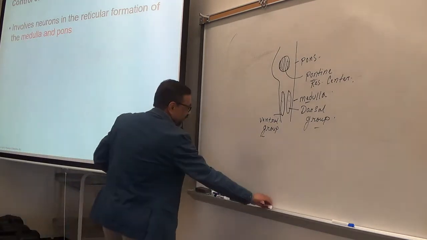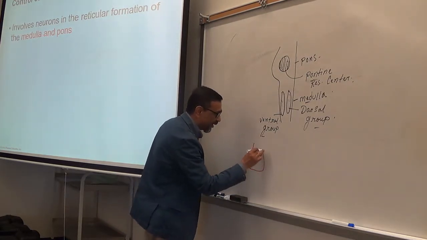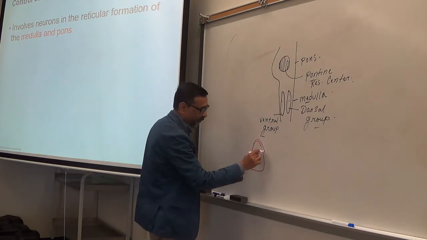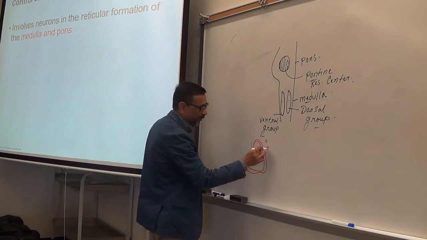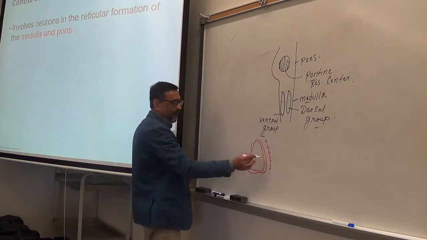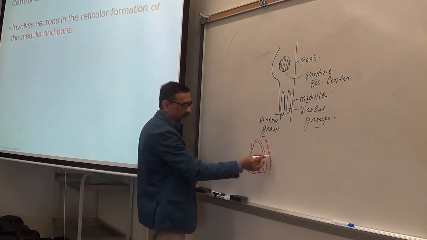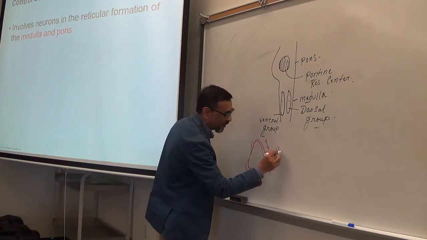Now, this is the lung. Again, this is the lung, and you have pleura around the lung covering. This is the chest wall. Okay. So, pleura, chest wall, and lung tissue. All these structures have receptors. What kind of receptors?